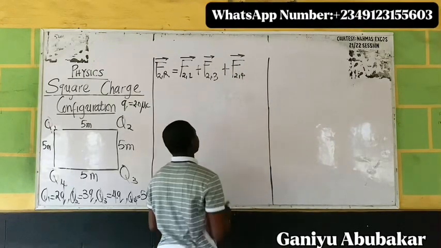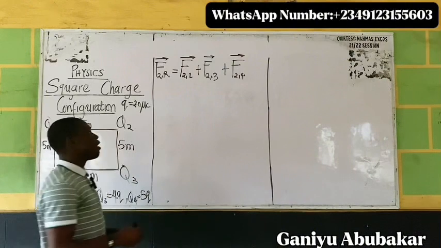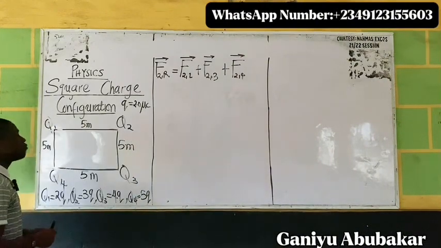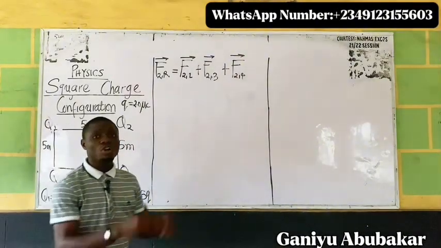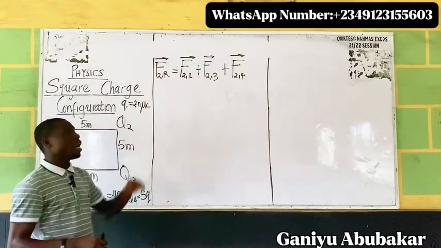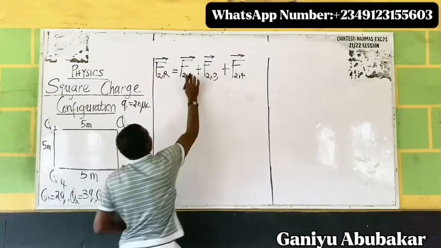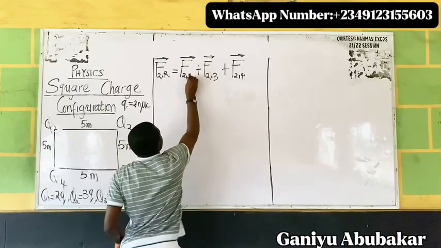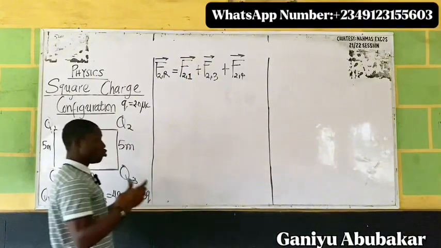All right, let's get the value of F21. Let's get F23 and F24 one after the other, and then we'll put them here and get our final answer. So let's get F21 first.